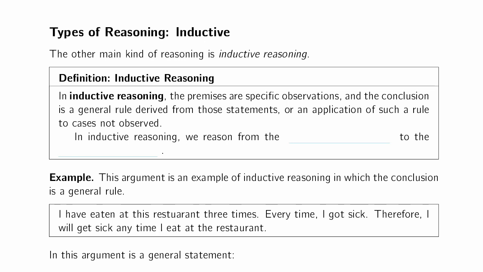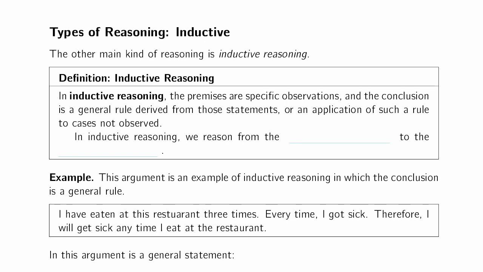The other main kind of reasoning we employ is called inductive reasoning, as opposed to deductive reasoning. And in a sense, they're opposites of one another, where deductive reasoning runs from the specific to the general, inductive reasoning runs from the general to the specific.